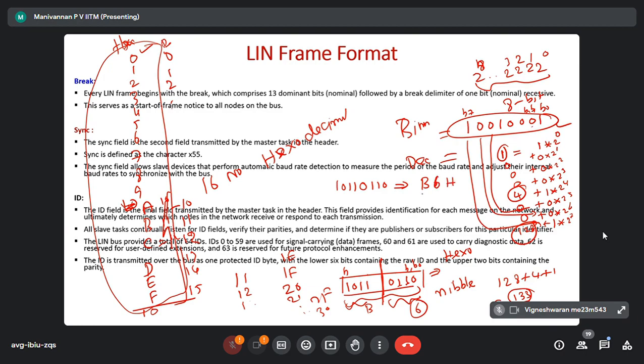B6H. Right? Or 0xB6. This is the notation used. If you see B6H in a computer science book or microprocessor programming, don't get confused. The H means hexadecimal. Correct? Or they put a small x before it. X, B, both are the same. That means a hexadecimal number. But how will you know a binary number? A binary number will have 1 and 0 only.